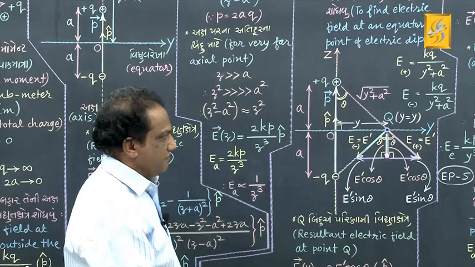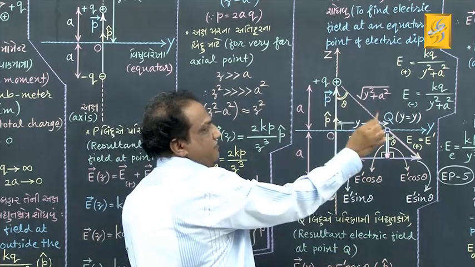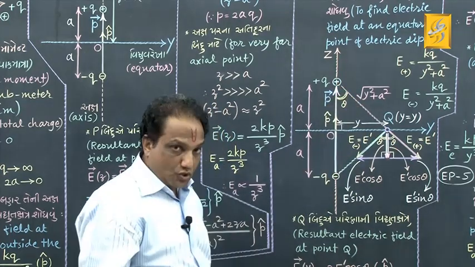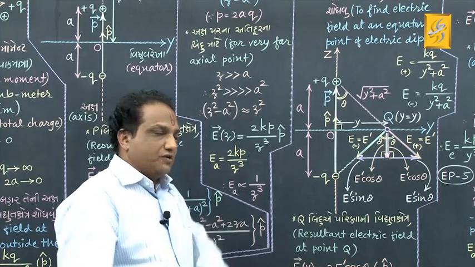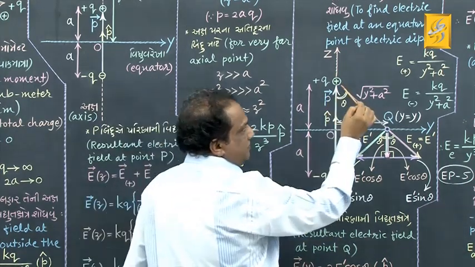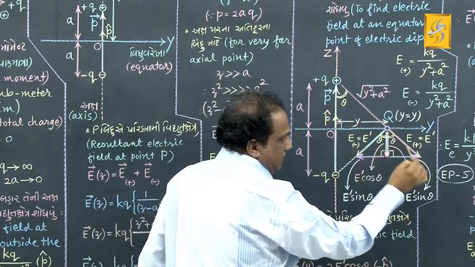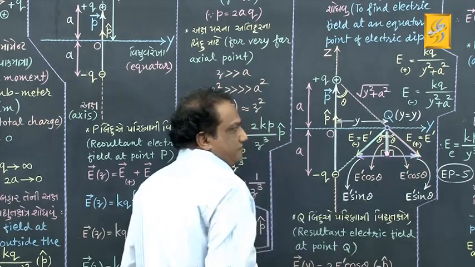Got it? Fine. Now what about direction? Direction of the electric field at point Q due to the positive charge. Don't you know, for a positive charge, the direction of electric field is away from it. So away from this means like this. Correct? In this direction. It is E positive. Fine.